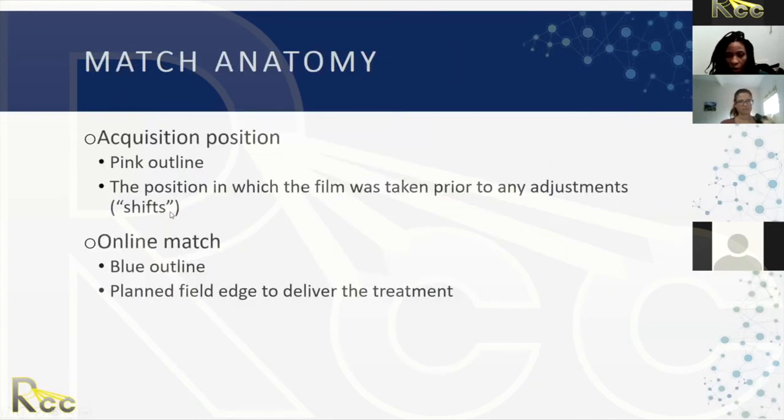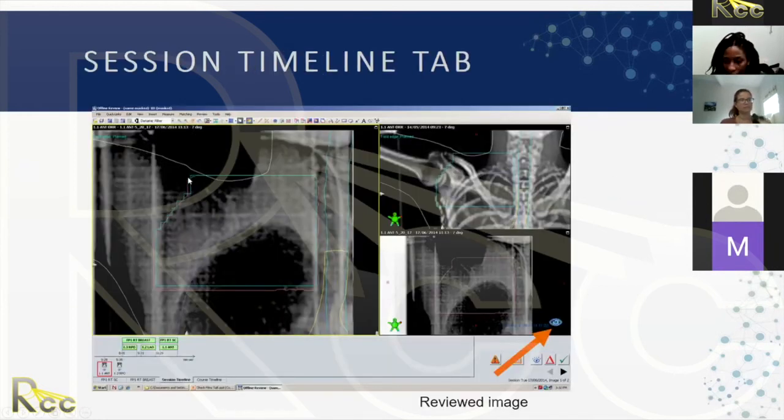So I just want to go over how you match the anatomy. In those outlines that I showed you, the blue outline is what was planned, and the pink outline is the film that was acquired for that particular day, prior to any adjustment.